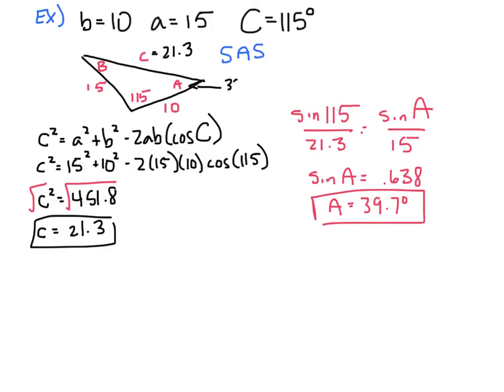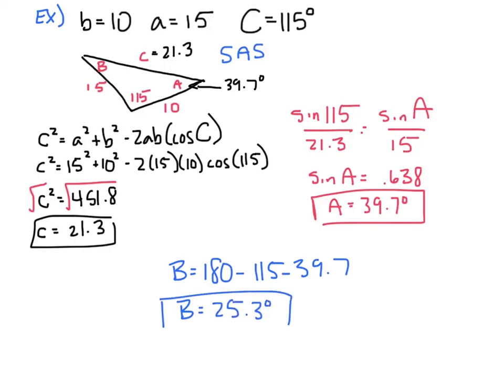So fill that in on my triangle, 39.7 degrees. I have two angles out of the three. To solve for the third angle, I just take those both away from 180. So angle B is 180 minus 115 minus 39.7. So my last angle B is 25.3 degrees. And that's all for law of cosines.